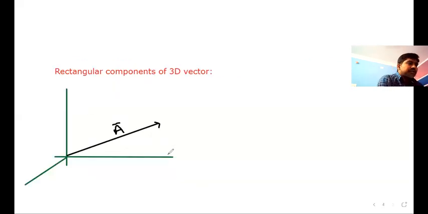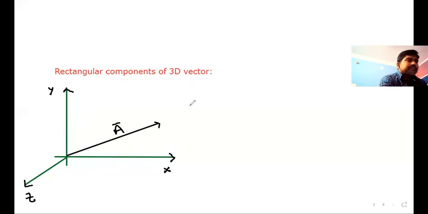Now the topic is rectangular components of a 3D vector. In this particular case, we have to consider the x-axis, y-axis, and also the z-axis. For example, if any vector is taken in this coordinate system, if I consider a vector A bar, and A bar is making different angles with different axes.